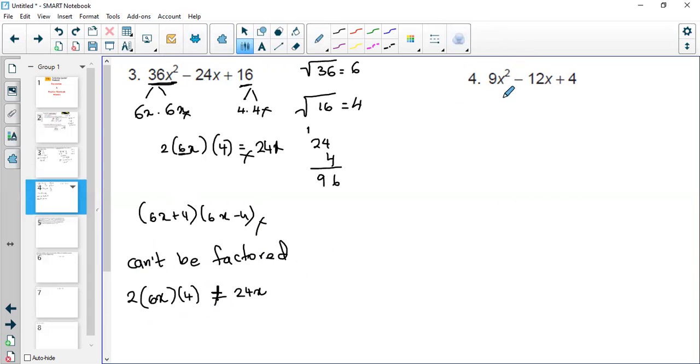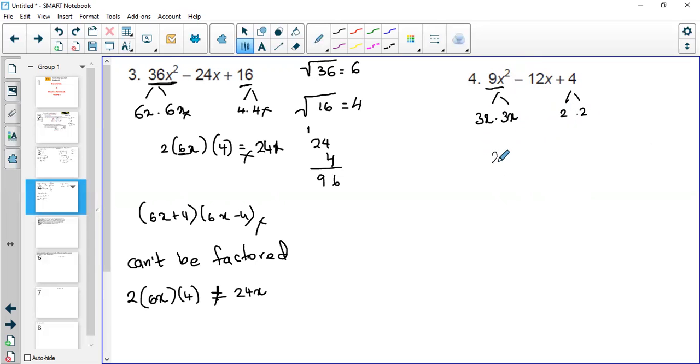Okay. So next question here, 9x squared minus 12x plus 4, which means we are going to find the square root of 9. So that's going to give me a 3x and a 3x. 3x multiplied by 3x is going to give you 9x squared, okay? And 4 will be 2 multiplied by 2. The square root of 4 is 2 multiplied by 2.